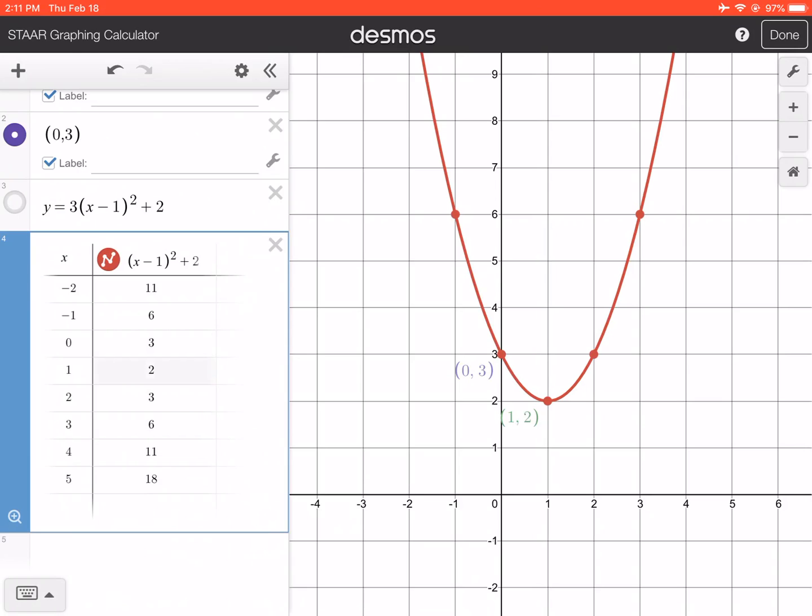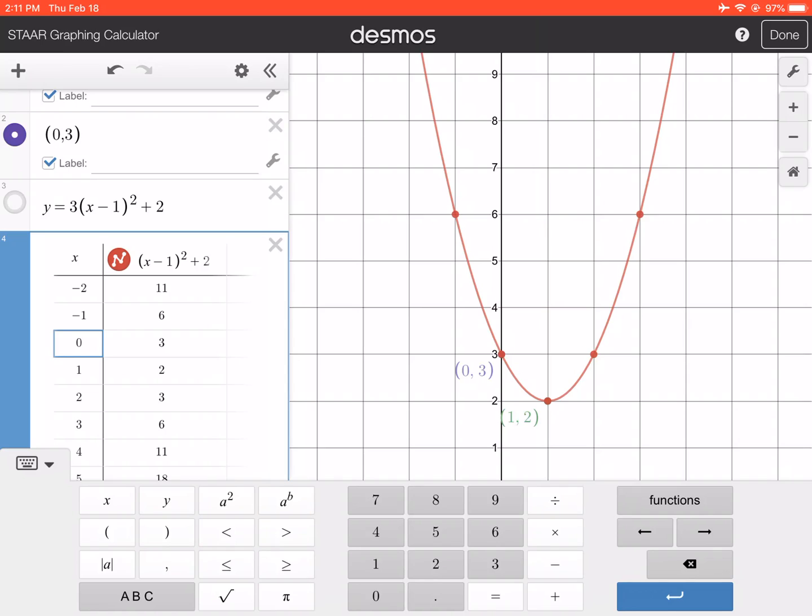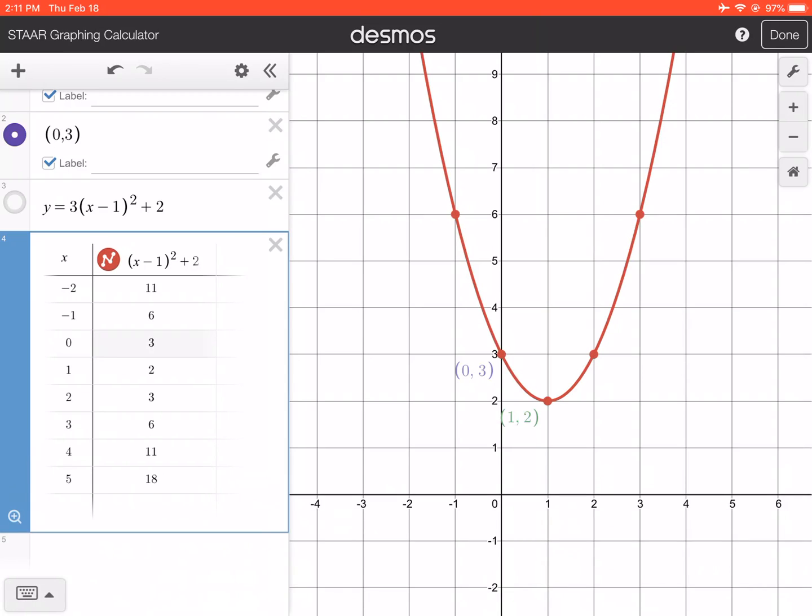So the 2 is right in the middle. That is your vertex point, and that is the point 1, 2. Was the point 0, 3 on that? Well, let's look. 0, 3. Yes. So you could also type in the equations, and you can use the table function to see if it matches the information given in your question.